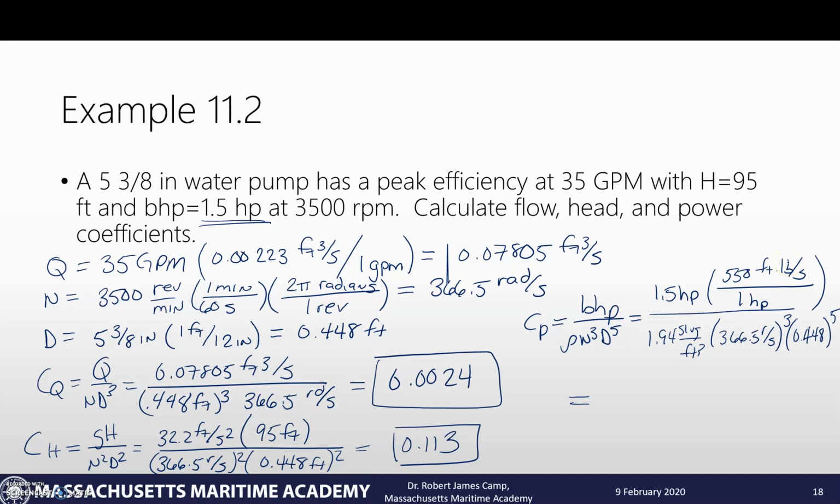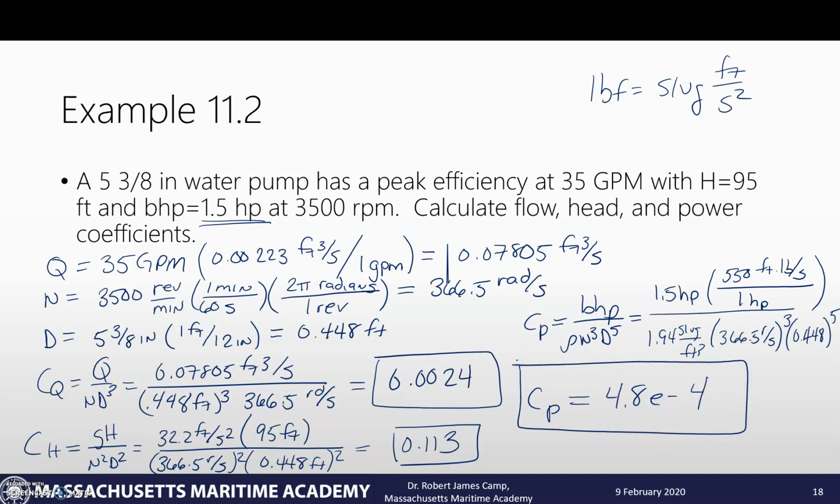I've got force of pounds there. Got to remember that 1 pound force is equal to 1 unit of mass times 1 unit of acceleration. So if we actually work through all this, it comes out unitless. I'm not going to work through it here. You're more than welcome to. But what we'll get is 4.8 times 10 to the negative 4 will be our coefficient of power.